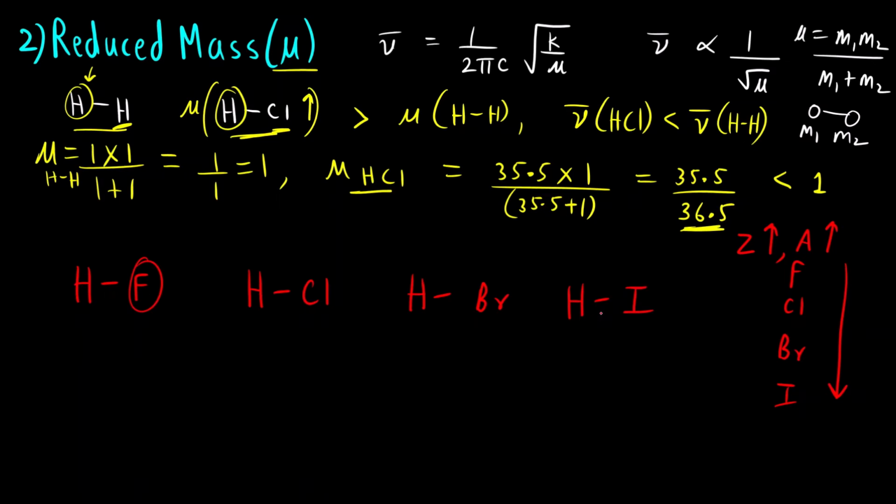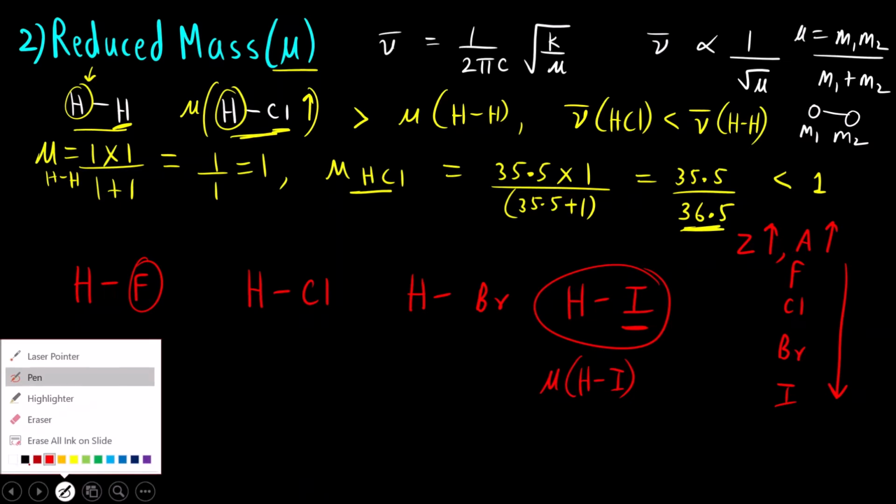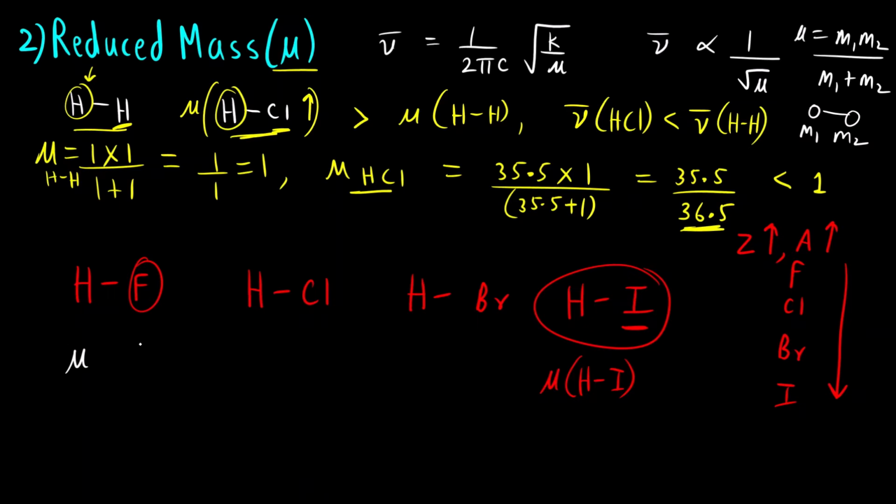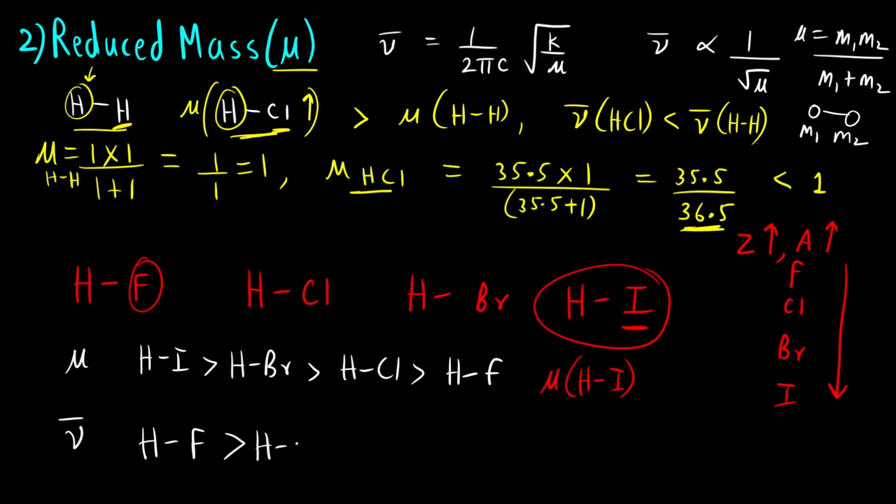So the mass of iodine is the maximum, and the reduced mass of HI will be maximum. The order of reduced mass will be HI greater than HBr greater than HCl greater than HF. Stretching frequency is inversely proportional, so the order will be reverse: HF greater than HCl greater than HBr greater than HI. This is the order of stretching frequency based on reduced mass.